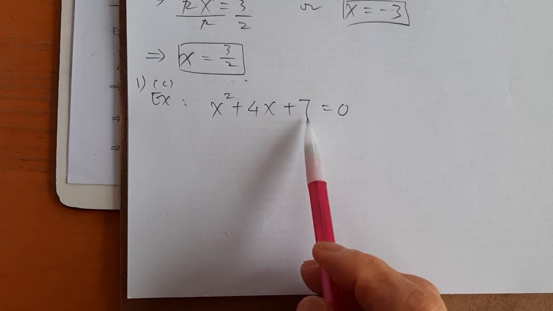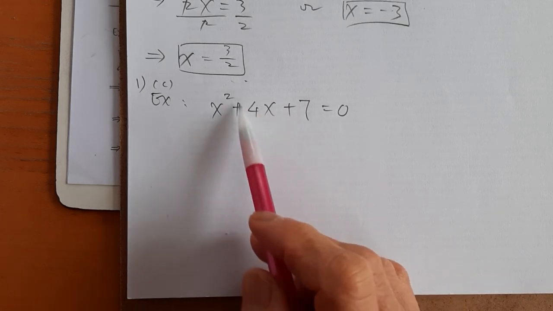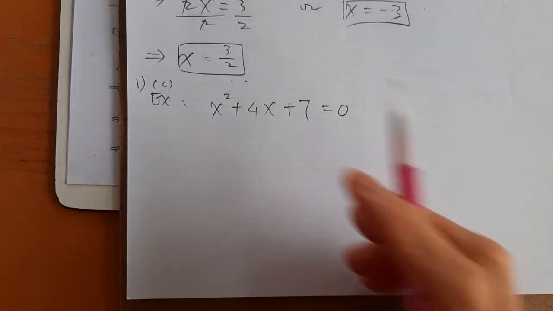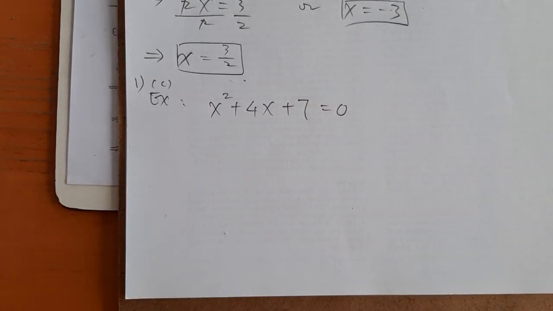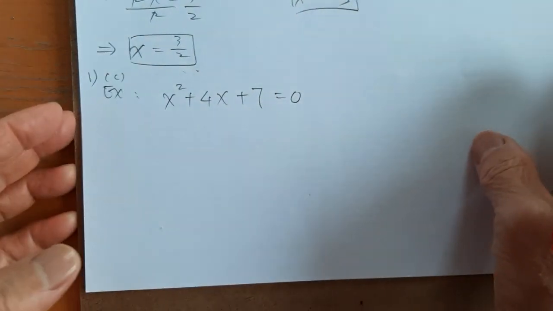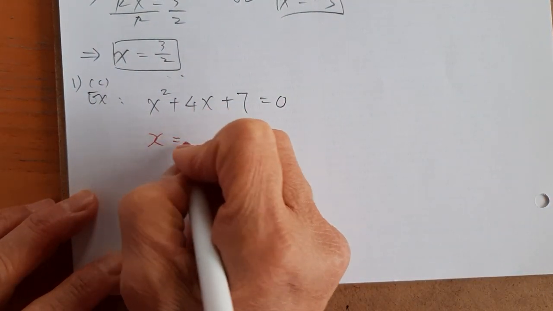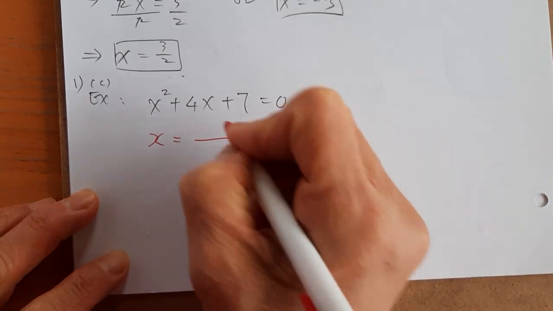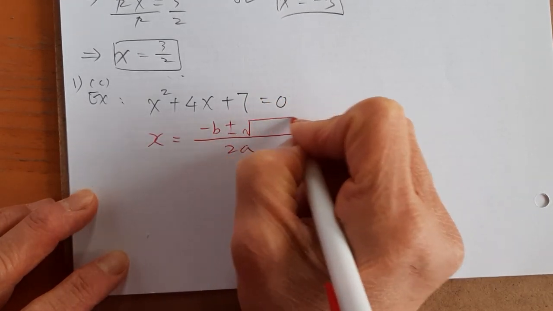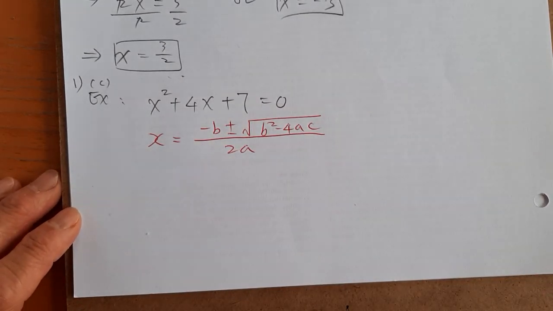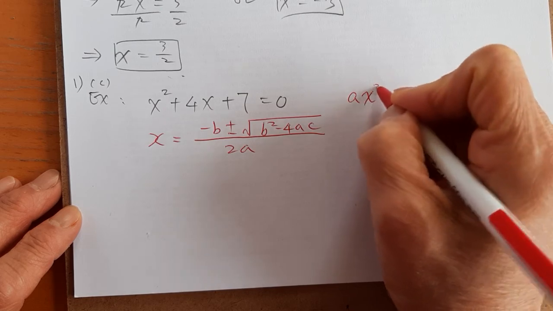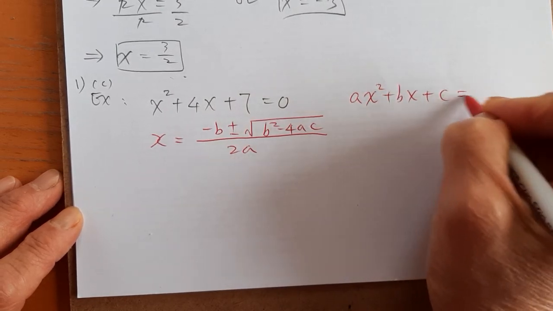Now 7 is 7 times 1, and you won't get 4. You need two numbers that multiply to 7 and add together to equal 4. But since this one cannot be factored, we are going to use the quadratic formula. The quadratic formula is x equals negative b plus or minus the square root of b squared minus 4ac, all over 2a, for the equation ax squared plus bx plus c equals 0.